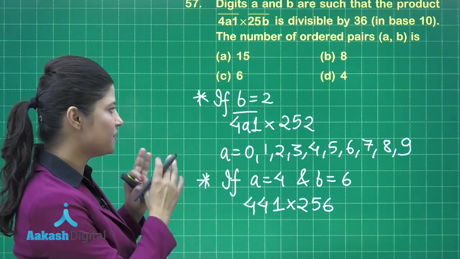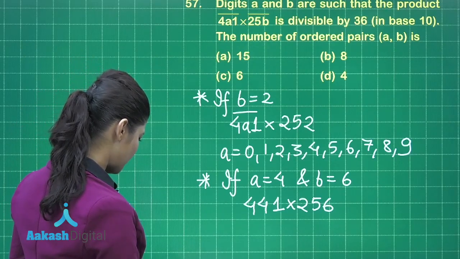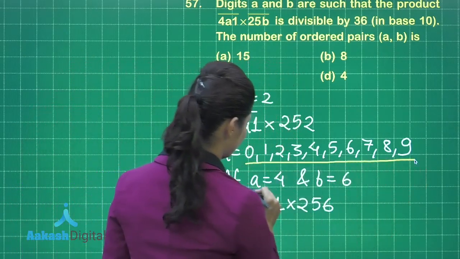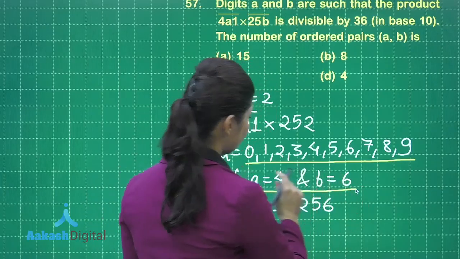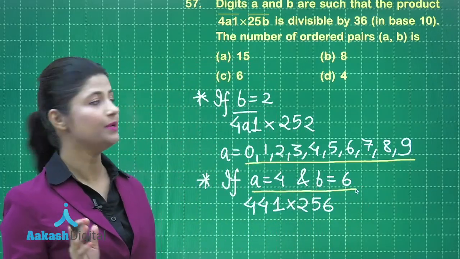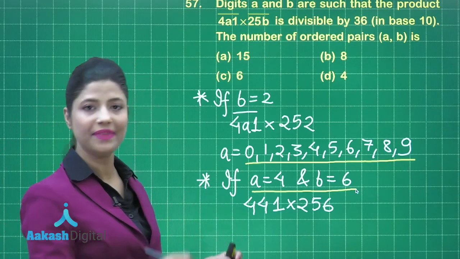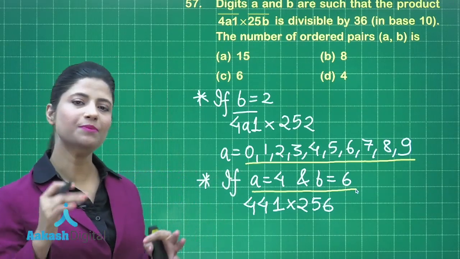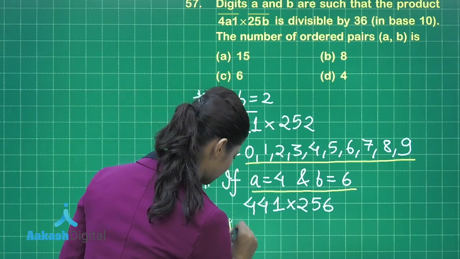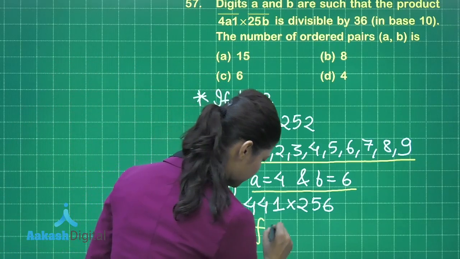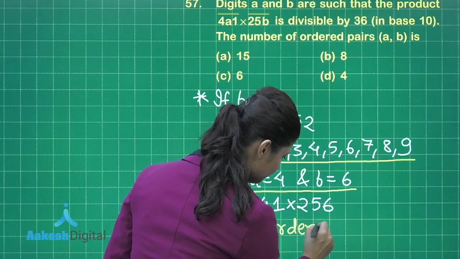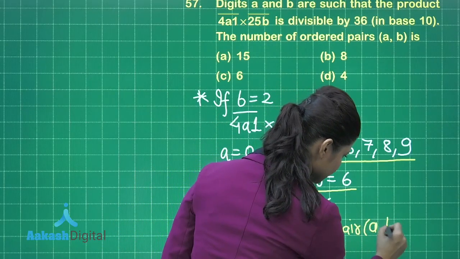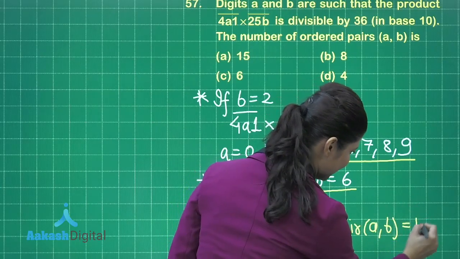So when you take all possible values, how many are there? We have 10 possibilities here and 1 possibility here. Firstly the 10 possible values considering B equal to 2, and then one more possibility taking A as 4 and B as 6. So the number of ordered pairs of A and B satisfying the given conditions of the question is definitely equal to 10 plus 1, that is 11.